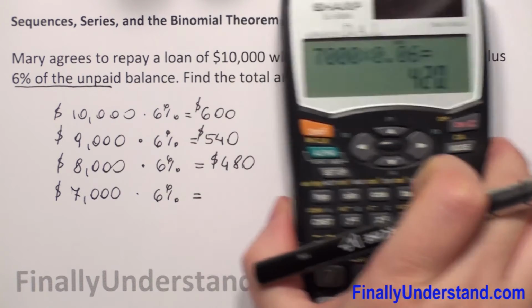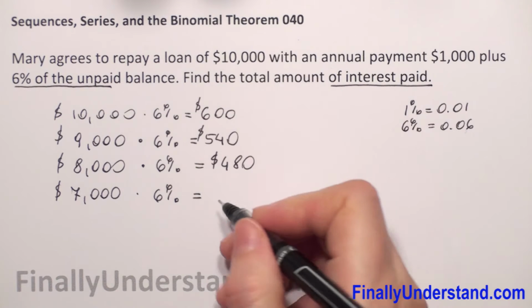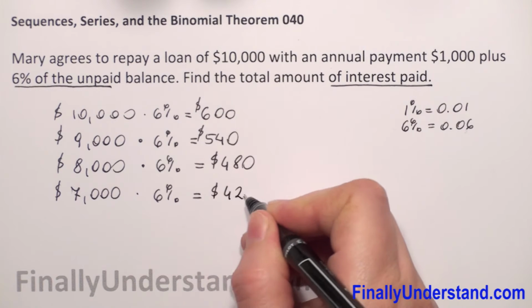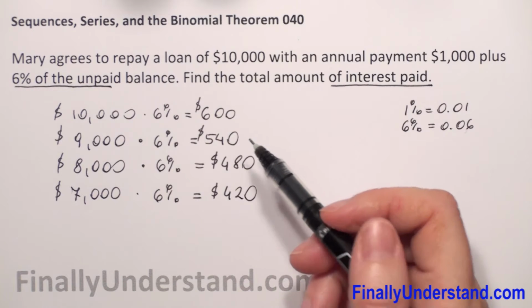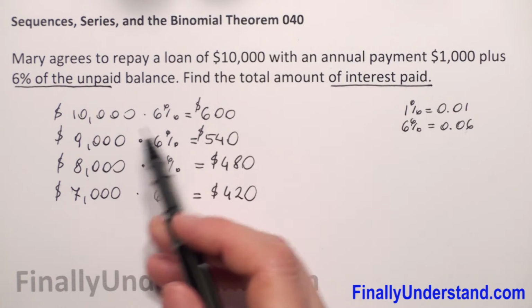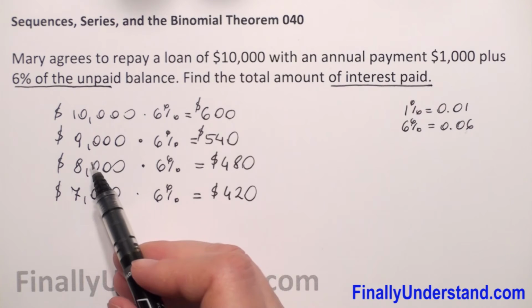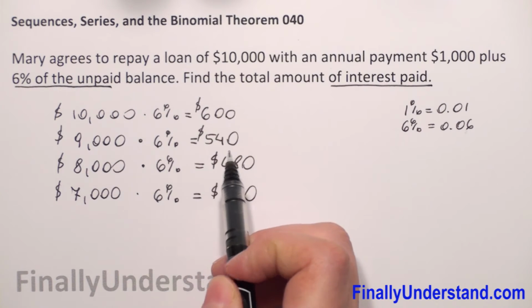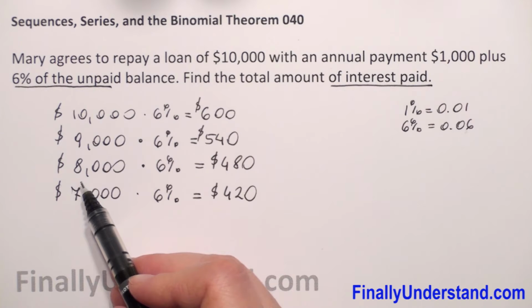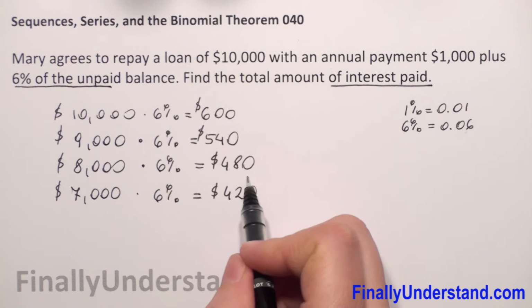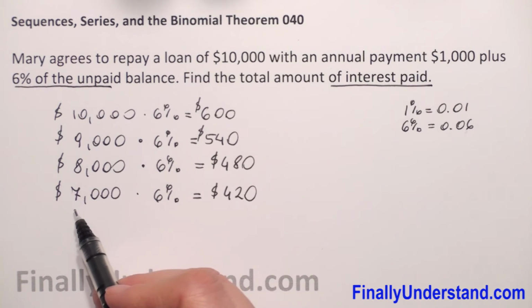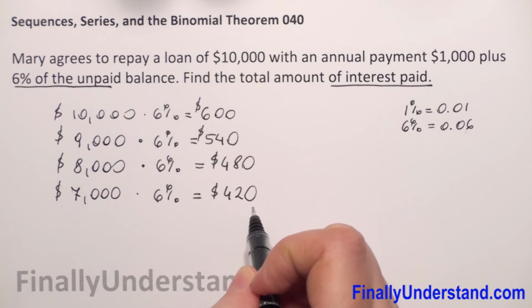So this is $420, of course. So from $10,000, she has to pay interest $600. From $9,000, $540. From 8,000, $480. From 7,000, $420.